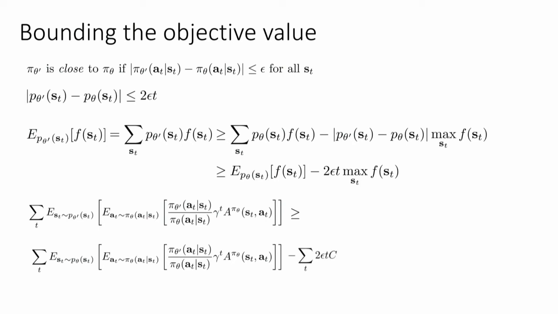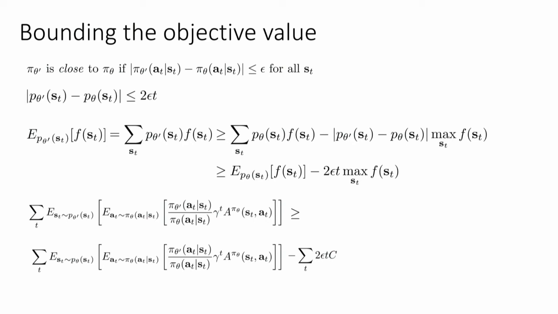And the error terms are going to be, over all the time steps, 2 times epsilon times t times a constant. The constant accounts for this max. Let's think about the constant for a second. F is this thing inside the expectation. It's the expectation of the actions, of the importance weights times the advantages.